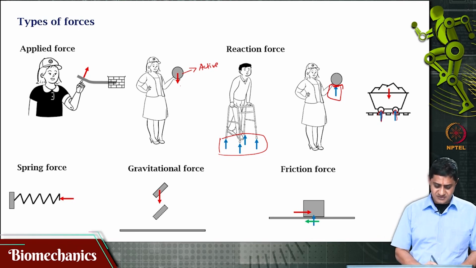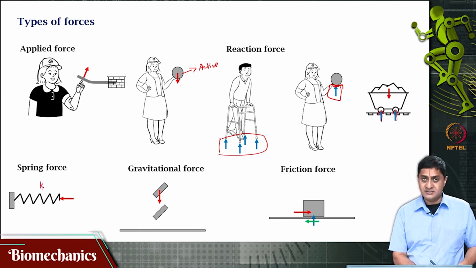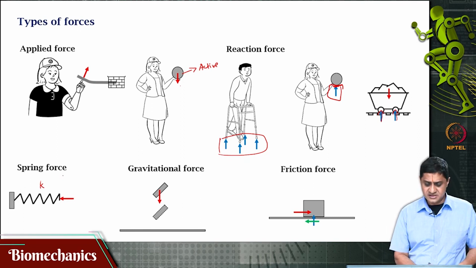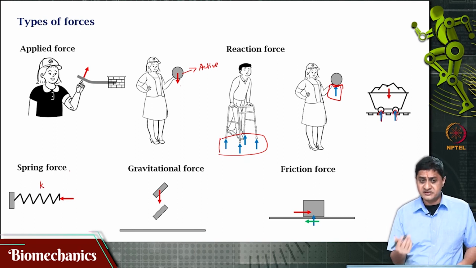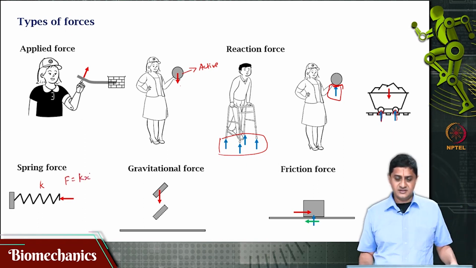We know this from high school physics. Let us say that the spring has a constant of K. The force in this spring is proportional to the deformation or the displacement that this spring undergoes. So I know that this force is Kx.